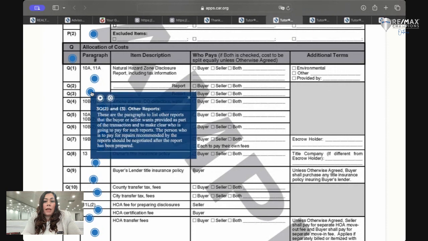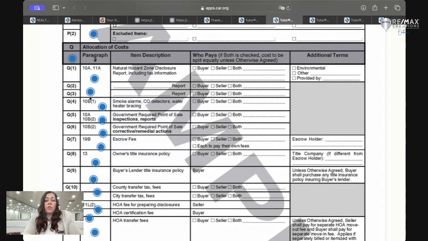And then 3Q2, other reports. These are the paragraphs to list other reports that the buyer or seller wants provided as a part of the transaction. So this is where you could put termite. Obviously, if you're going to include septic, you want to attach that, and we'll get to that page. You don't want to put septic here, because there's an addendum that should be attached.